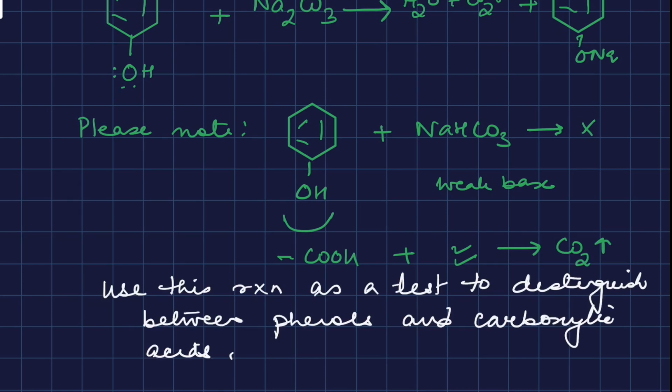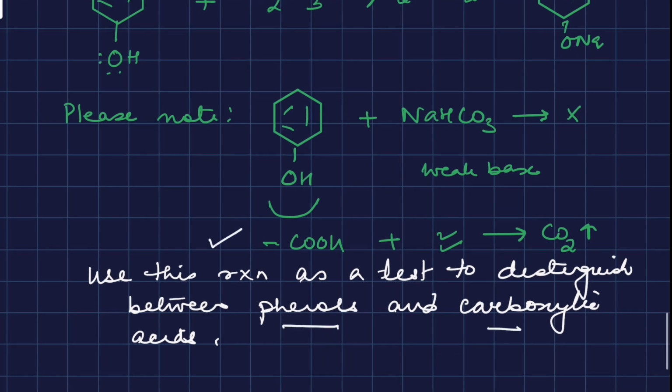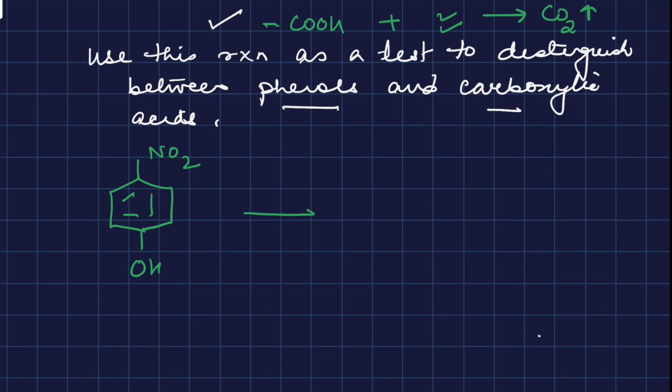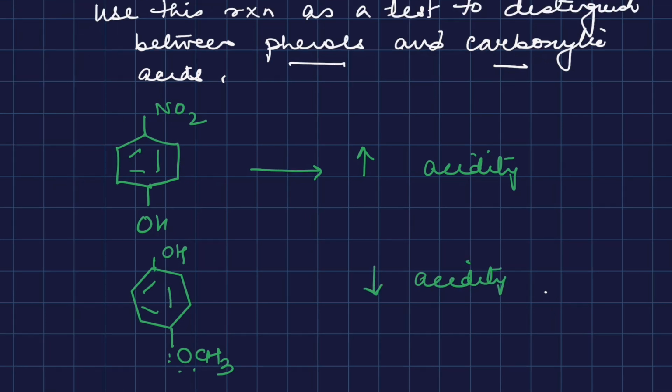So this reaction can be used as a test to distinguish between phenols and carboxylic acids. Carboxylic acids will give the bicarbonate test, but phenols will not, being weaker acids. If you have an electron withdrawing group, it will increase the acidity. If we have an electron donating group, it will decrease the acidity of phenol. So that was all about acidity.